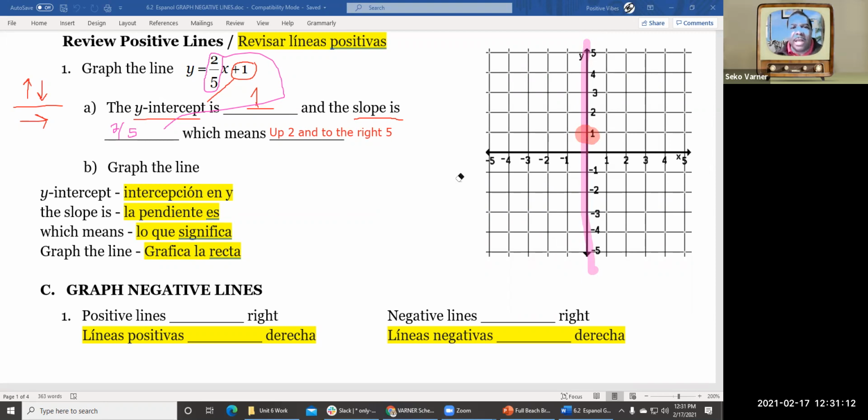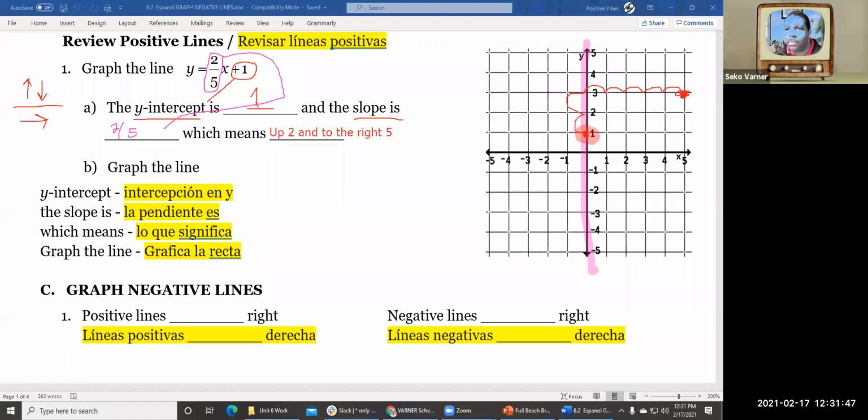Okay, so that's our y-intercept, and the slope is up 2 and to the right 5. So from this point, we're going to go up 2, 1, 2, and then go to the right 5. 1, 2, 3, 4, 5. So our second point is going to be right here. All right. So this is our first point. That's our second point.